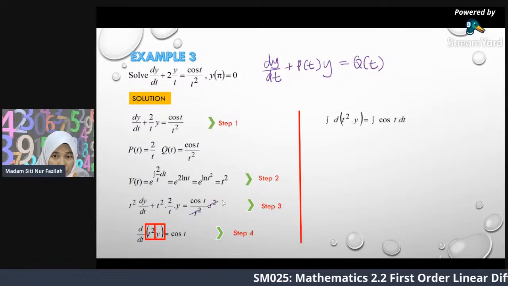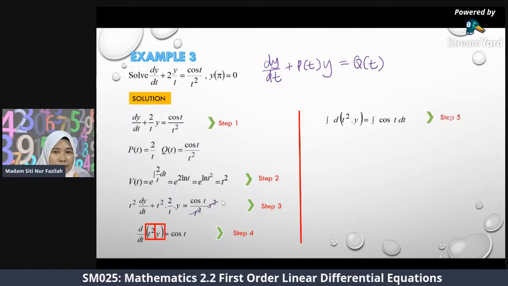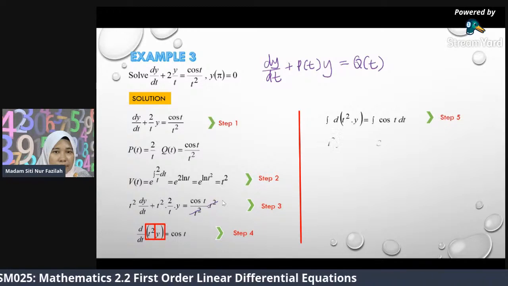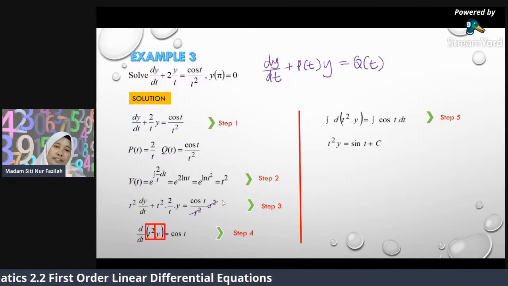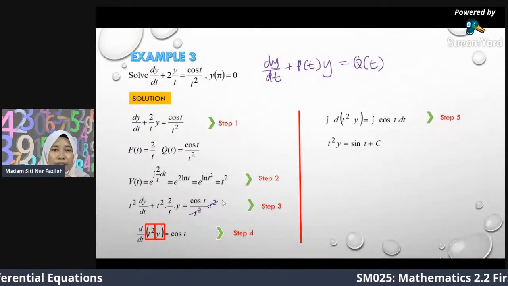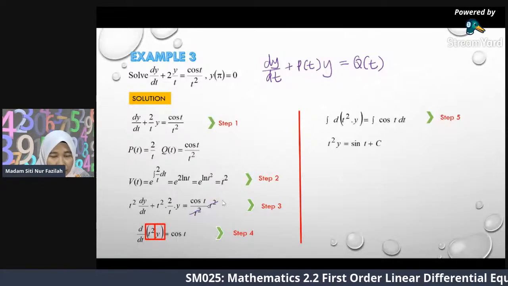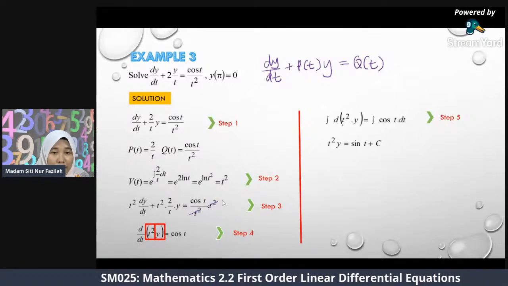For the right side, integrate cos t is sin t plus c.